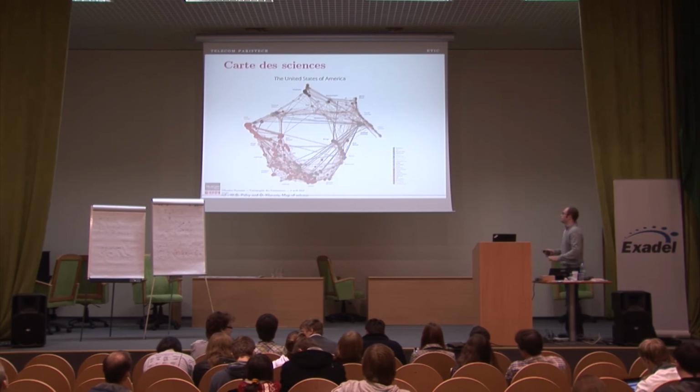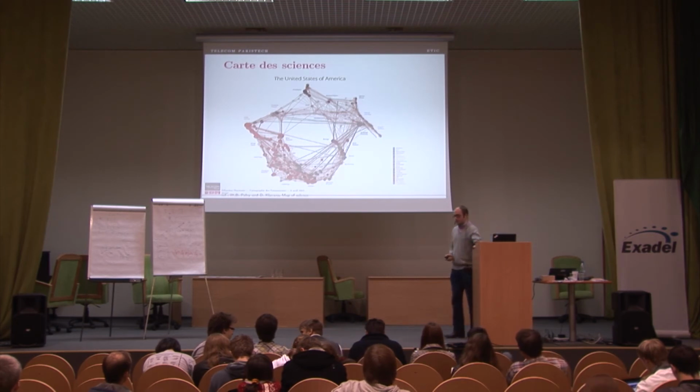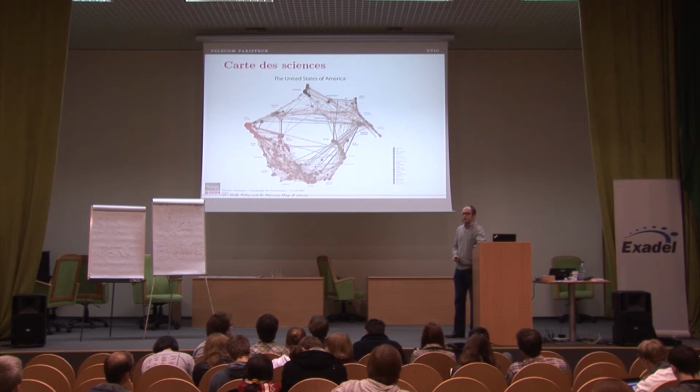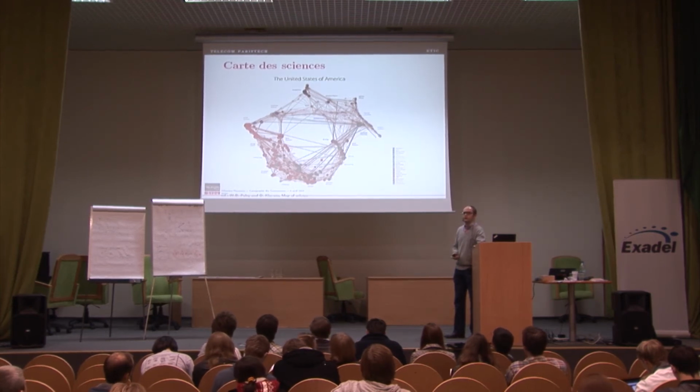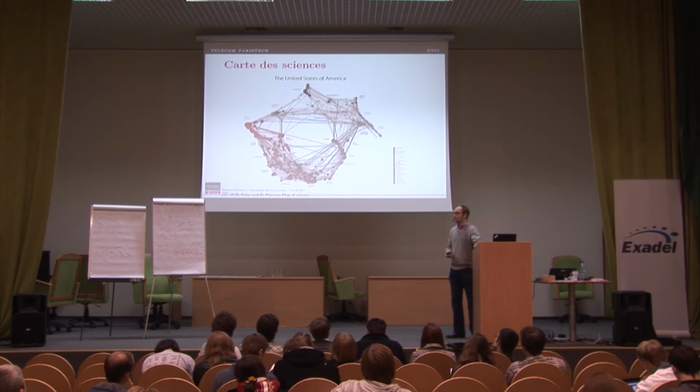So let me explain a bit more about what you see here. Researchers in the US are very interested in how their science evolves and what the key strengths and weaknesses of their nation are in science. They want to know their position against other countries.